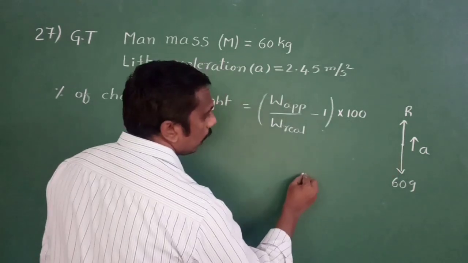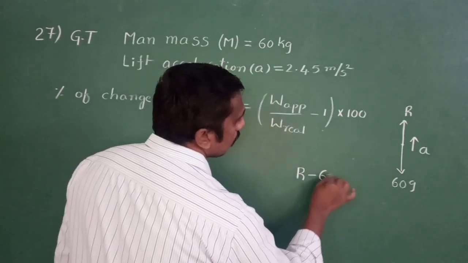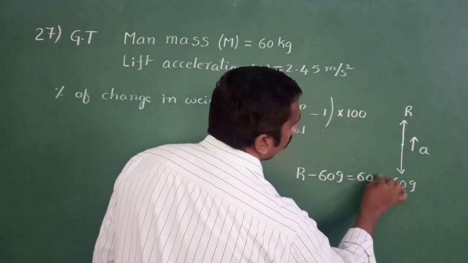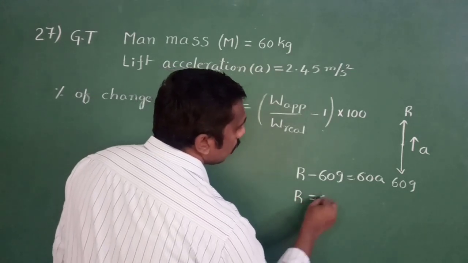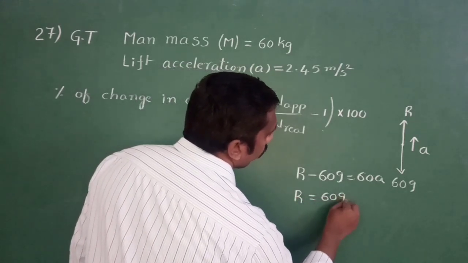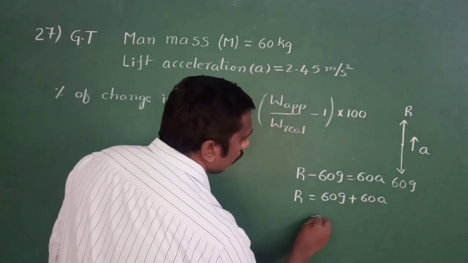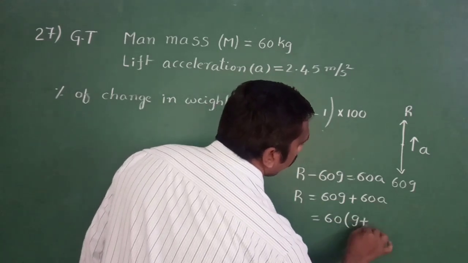From this, we can write reaction force minus 60 g is equal to 60 into a. From this, reaction R is equal to 60 g plus 60 into a. Take 60 common, then we get 60 into g plus a.